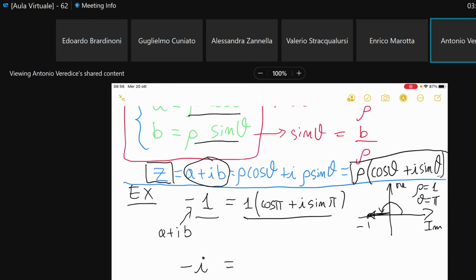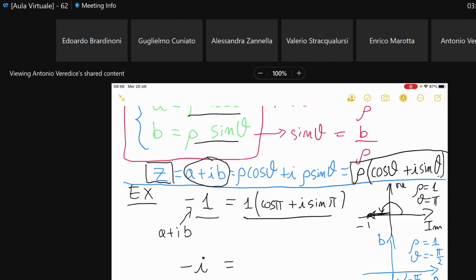What about the second one? This is a and this is b: -i. -i means no real part, and the imaginary part is -1. So rho is still 1. And what about theta? Theta can be seen as 3/2 pi or minus pi over 2. It's the same angle, the same point. So theta can be seen as minus pi over 2.